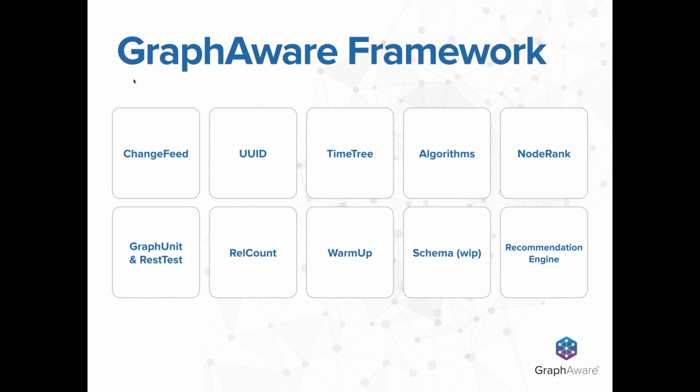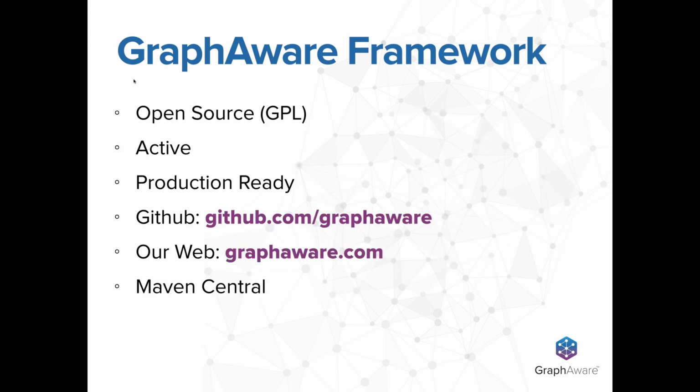Modules that track changes in the graph, like the change feed, modules for representing time in Neo4j called the time tree. There's a PageRank module. There's a library called GraphUnit, which I encourage everyone who's developing with Neo4j to check out, because that makes it really easy for you to test your code that talks to Neo without introducing any dependency. So it's just a test dependency. And there's a few more.